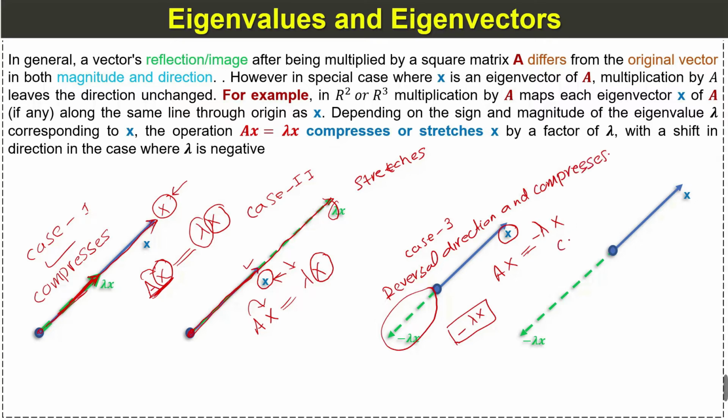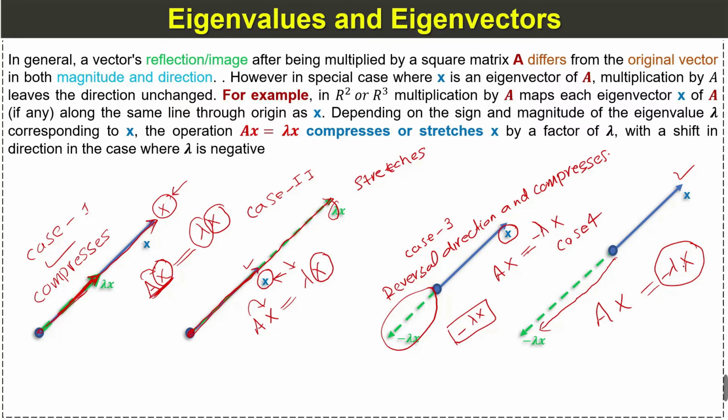Okay, so we have the fourth case. After the multiplication of the vector x with the matrix A, the result is equal to some negative scalar times the vector x. Here we have the original vector x, and the vector minus lambda x is in the reversed direction with stretching.